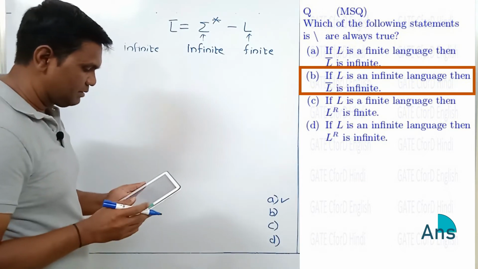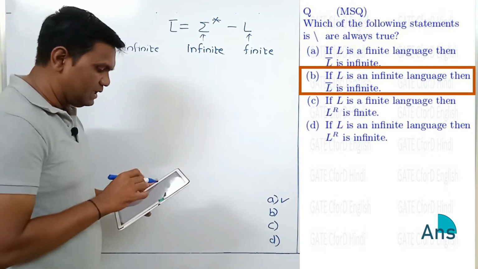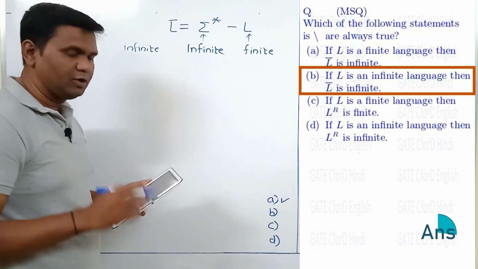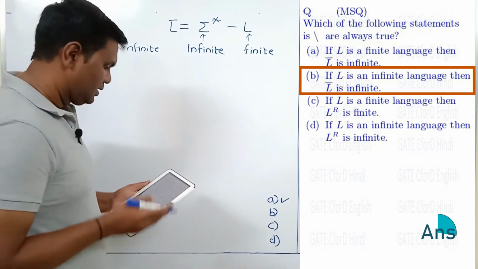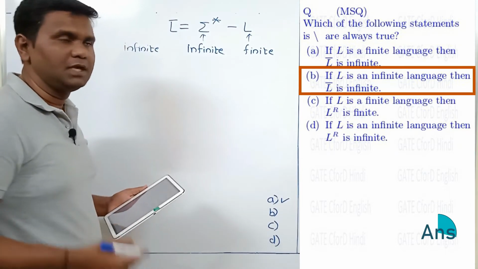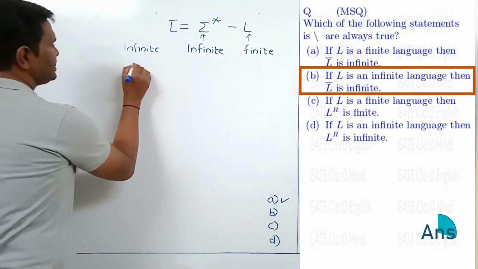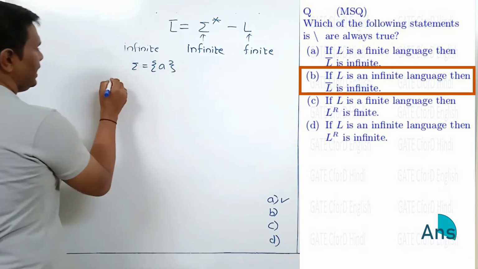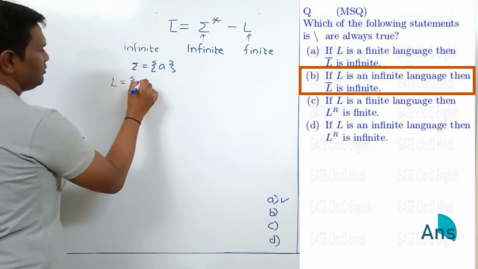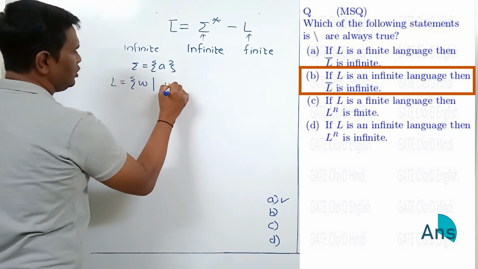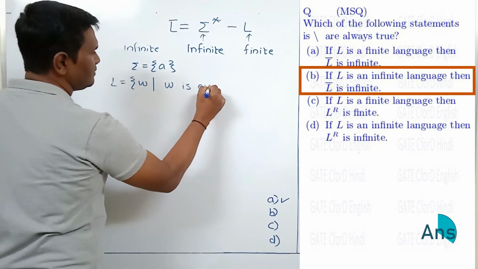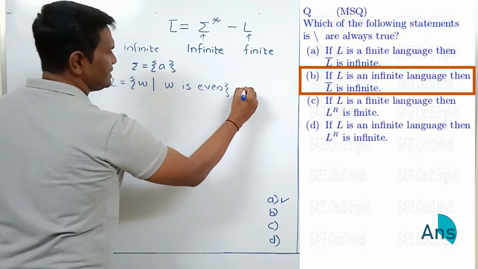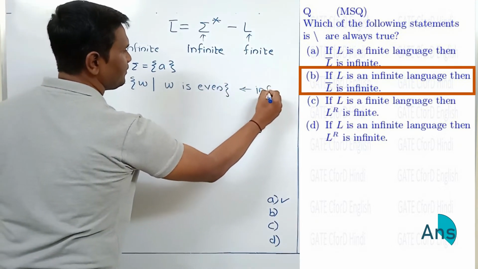Now according to option B, if L is infinite, then complement of language is also infinite. Now can we disprove option B? Now if you consider alphabet equal to A and L equal to W such that W is even, so this is infinite language.